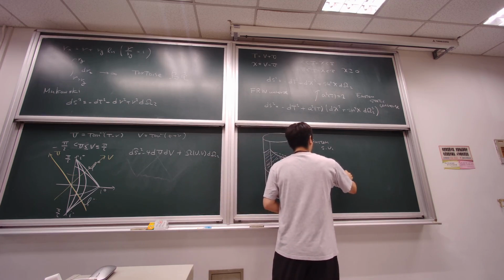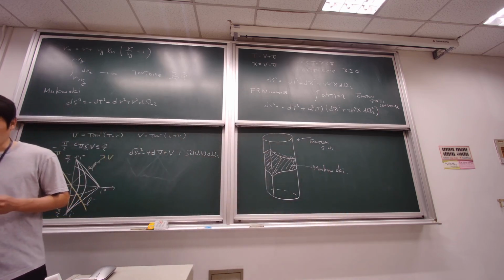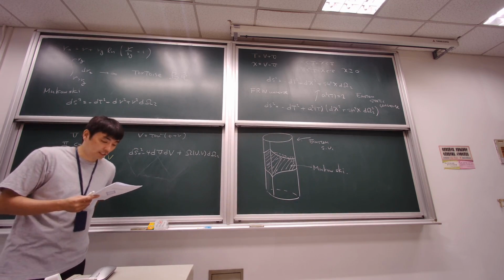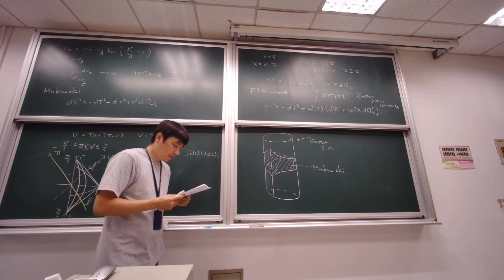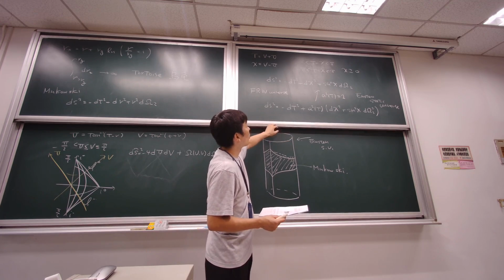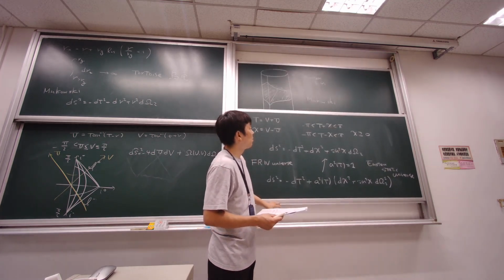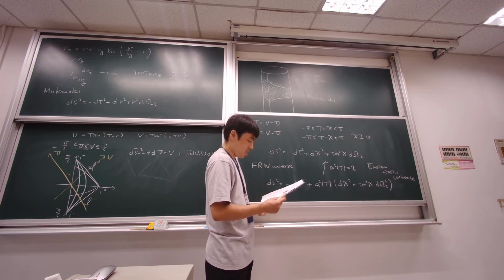This is the Penrose diagram of Minkowski spacetime in the Einstein static universe. Since the coordinates are only valid for this region, you can just embed it like this.